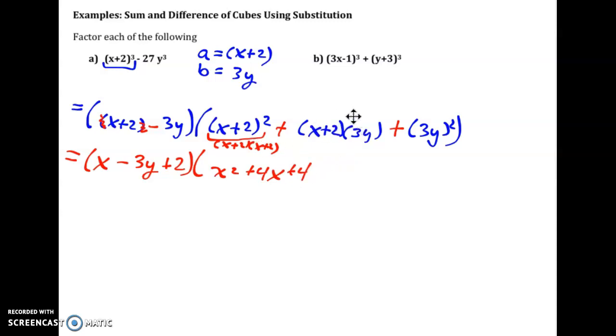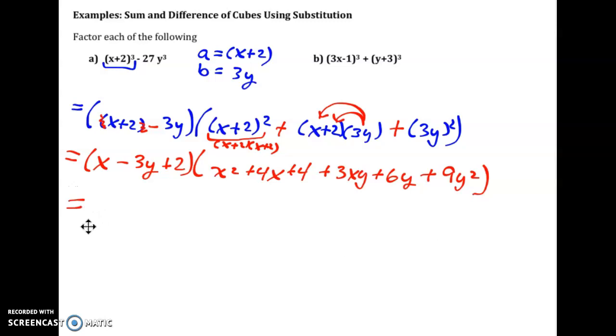And then you just keep going. This 3y, you would need to multiply it in. So you end up with 3xy plus 6y. And then simplifying the very last term there, we would get 9y squared.